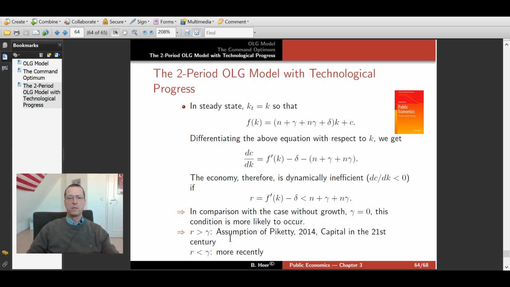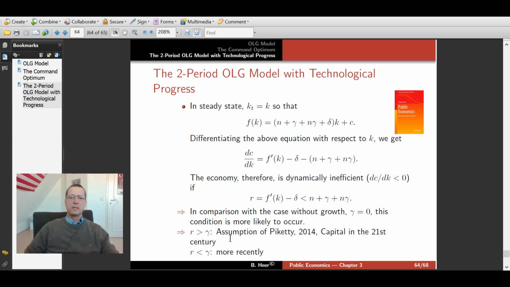So for the derivation of his views on capitalism, the economy and inequality, ever-increasing returns of capital lead to richer and richer capitalists relative to the workers. Well, for this conclusion, this inequality here is crucial. So in that case, we have a dynamically efficient economy in our OLG model.